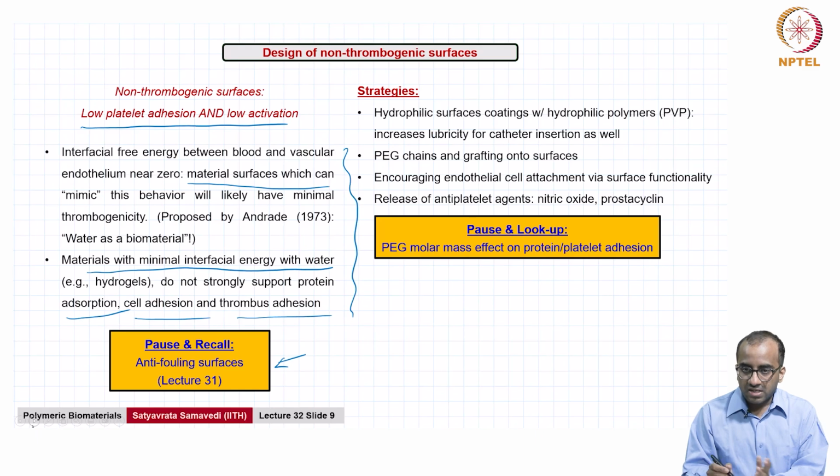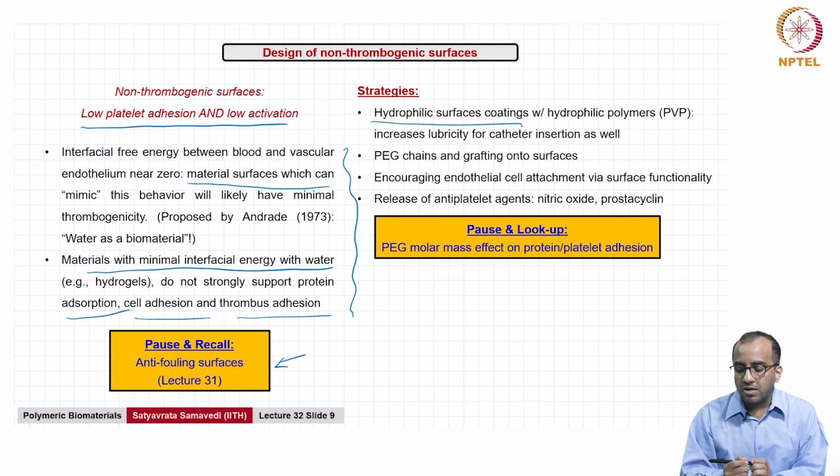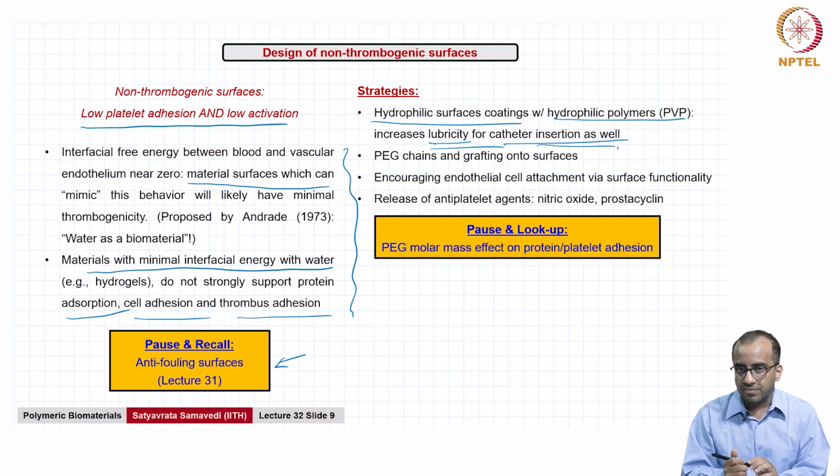One, of course, directly from the preceding discussion, is to prepare hydrophilic surfaces with coatings of hydrophilic polymers such as PVP. For example, in catheters, apart from increasing the antithrombogenic ability of the surface, this also increases the lubricity for easy catheter insertion, right. From a practical, surgical perspective, it makes the catheter insertion easier.